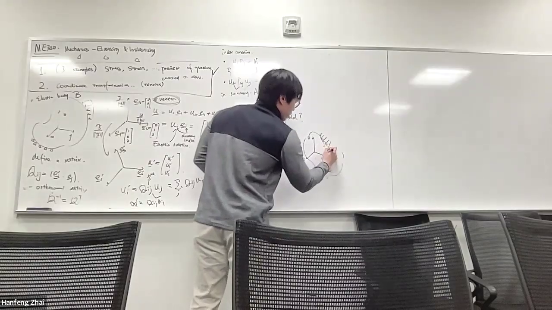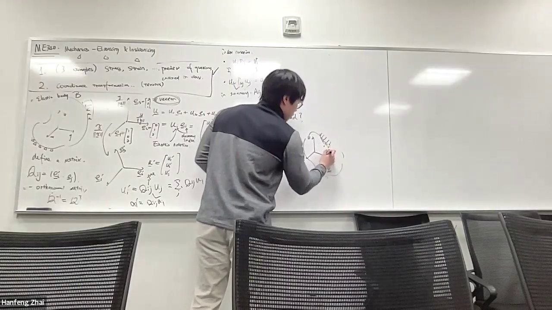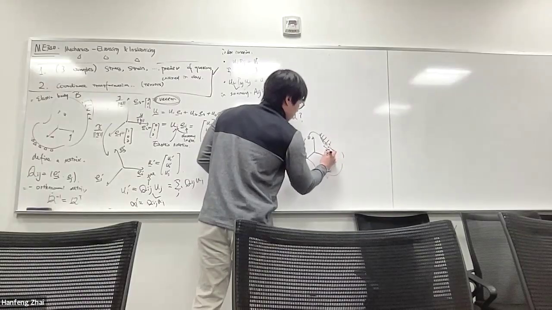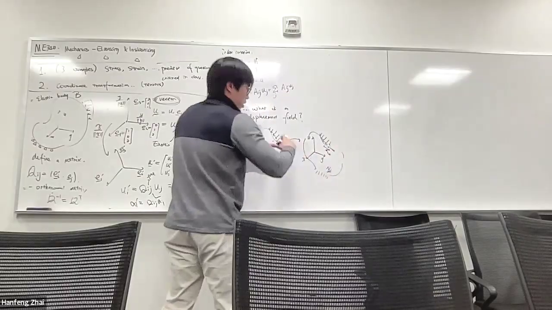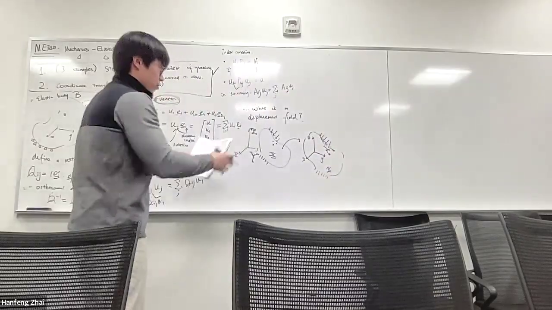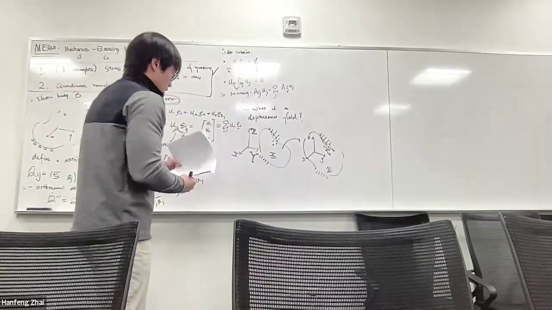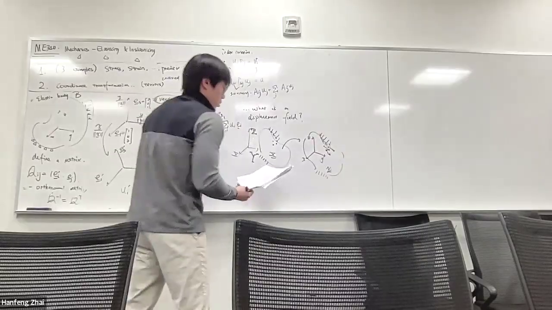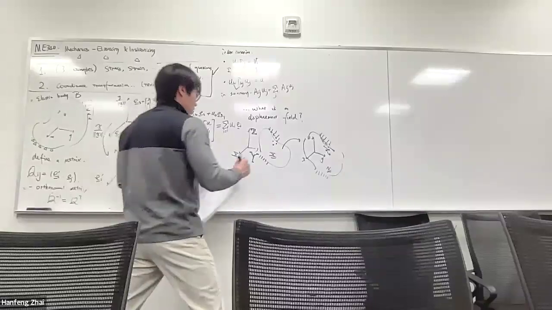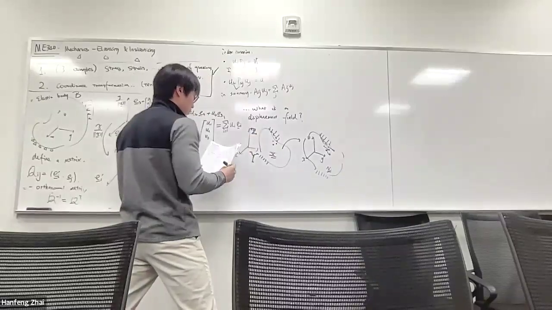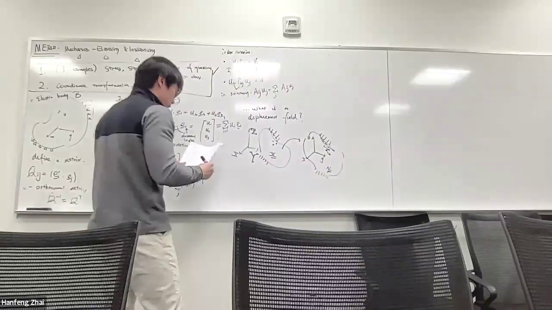For example, this point moves here, this point moves to here, and this point moves to here. You use this new coordinate system to represent the deformed case, and we call this field a configuration. So this is the reference configuration, and this is the current configuration.